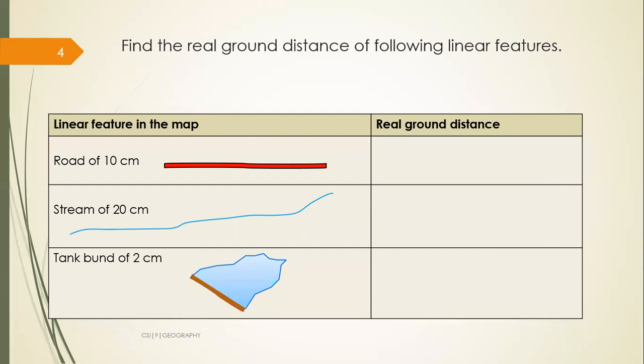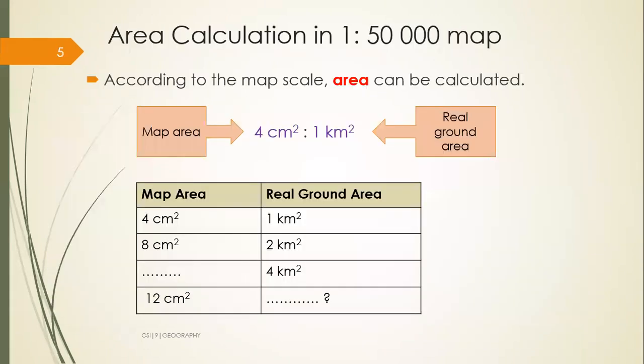Let's see then how the area is calculated in the 1 to 50,000 topographic map. The theory is that 1 square kilometer of the real ground will be shown by 4 square centimeters of the map.